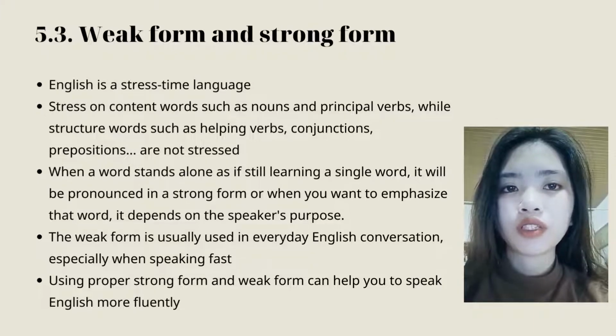When a word is said aloud as if it were a single word on its own, it is in strong form. Weak form is usually used in everyday English conversation, especially when speaking fast. Using proper strong form and weak form can help you to speak English more fluently.